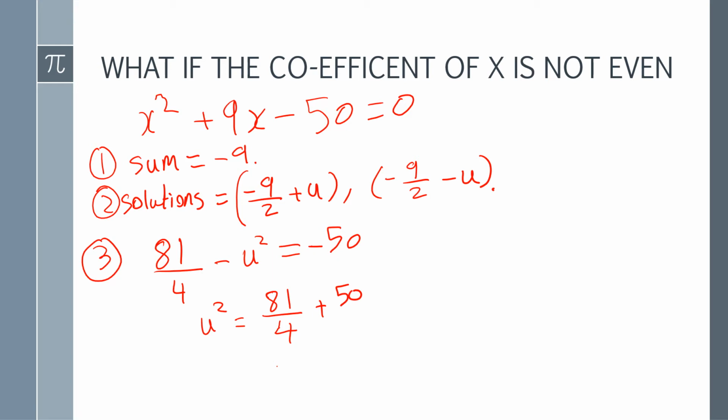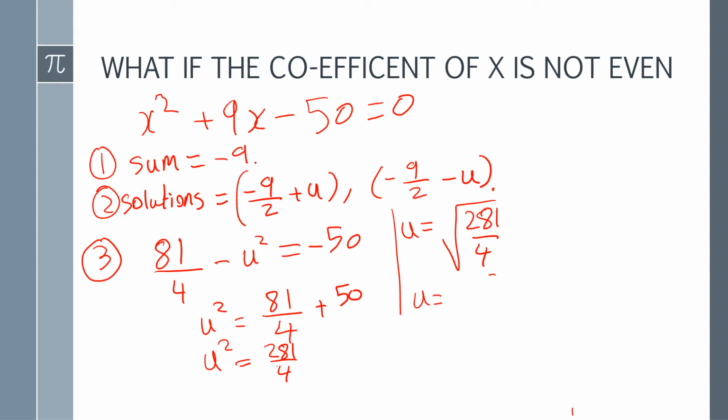Wait, hold on. 81 divided by 4 plus 50. So u squared is going to be 281 divided by 4, and then u is going to end up as square root of 281 divided by 4. So u is going to be square root of 281 divided by 2.